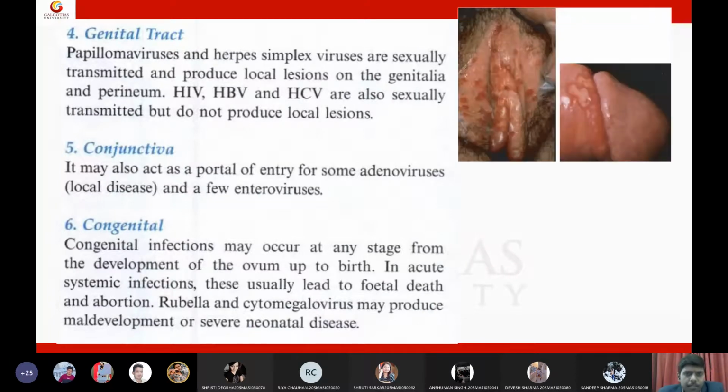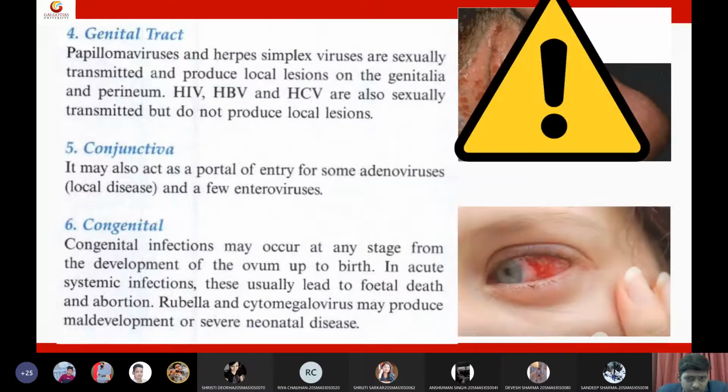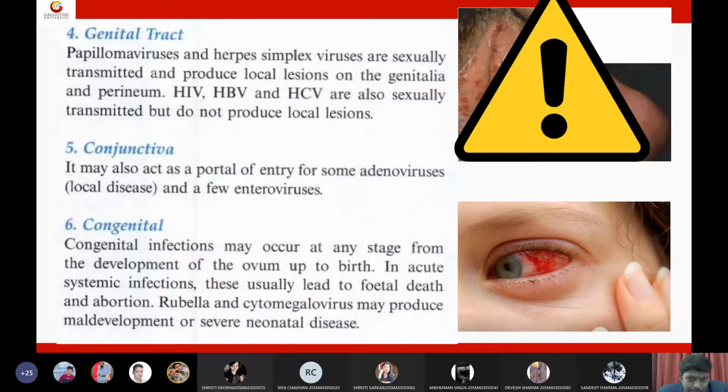Okay, then congenital viruses. What is the meaning of congenital viruses? That means these viruses will cause infection to a growing fetus in a pregnant woman. These viruses always kill fetuses.